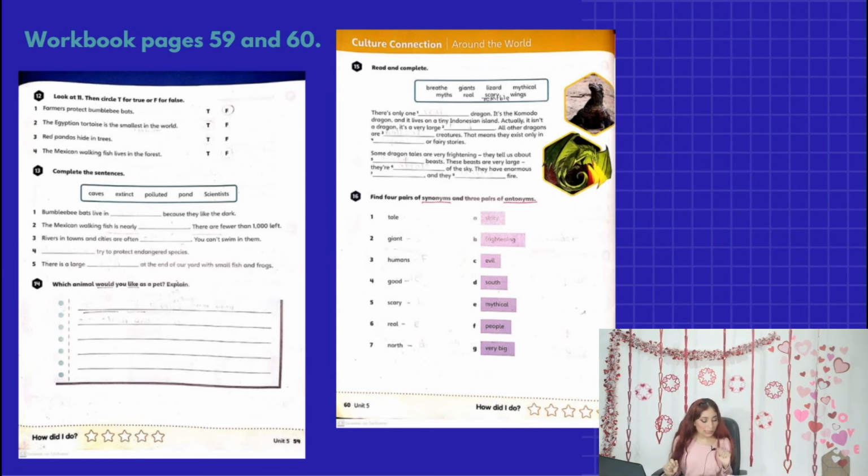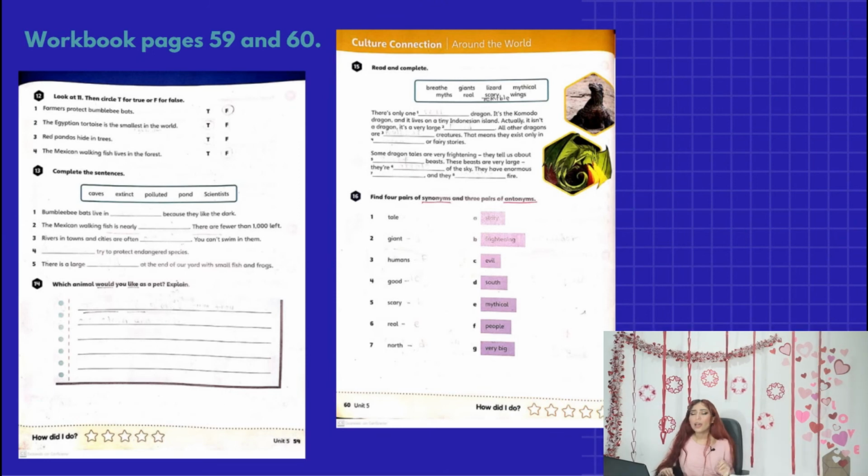So activity 16, that is the last one for today, says find 4 pairs of synonyms and 3 pairs of antonyms. Okay, so remember the synonyms is the same as in Spanish. A synonym, or if you have a pair of synonyms, they are 2 different words that mean the same.